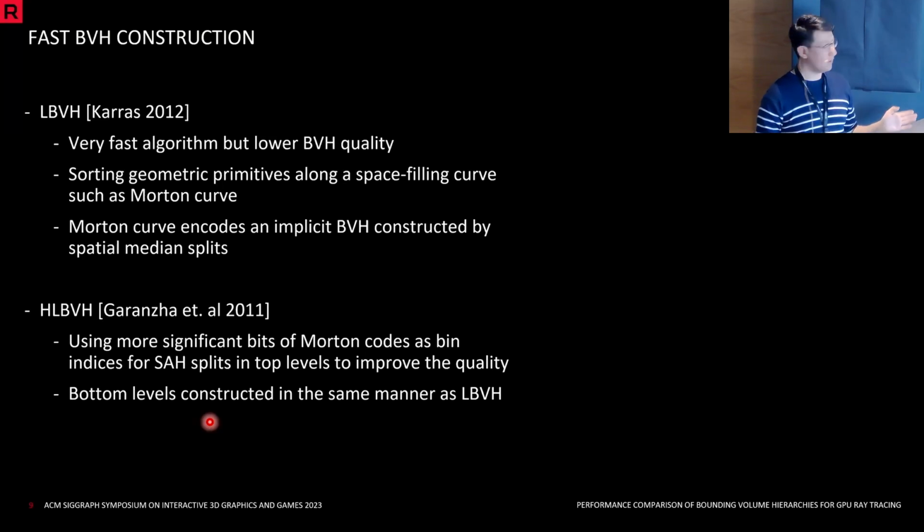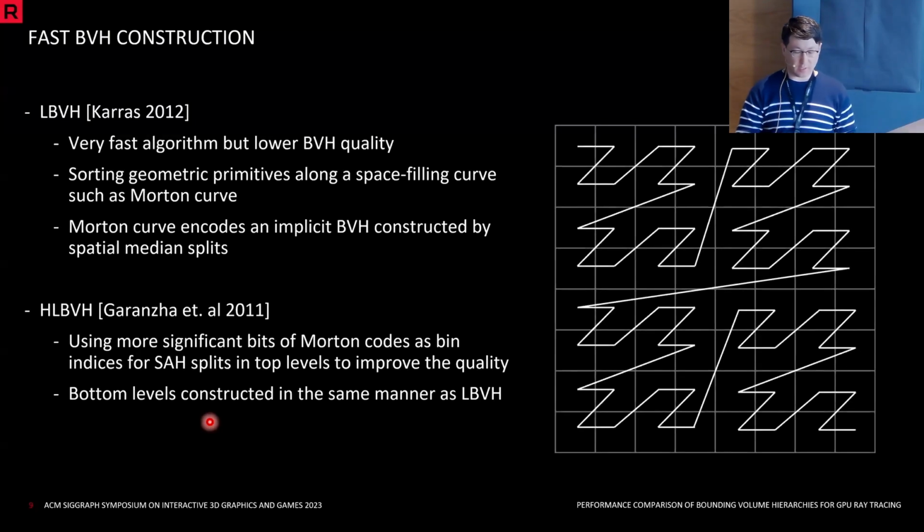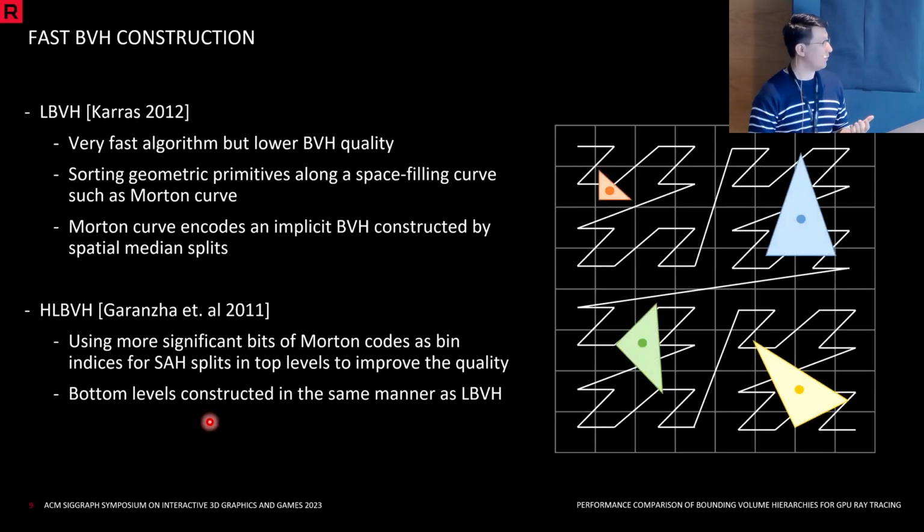The first algorithm, LBVH, is a very popular and very fast algorithm, based on sorting primitives along the Morton curve, which you can see here on the right side. It's very fast, but the quality is rather low because there is no optimization of the cost function I described on the previous slide.